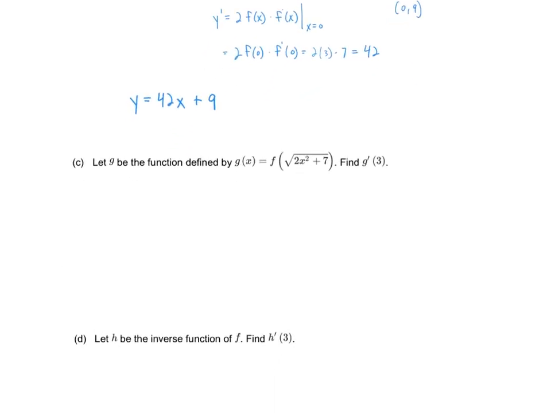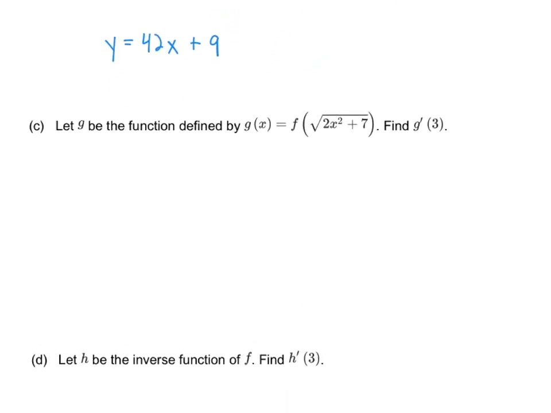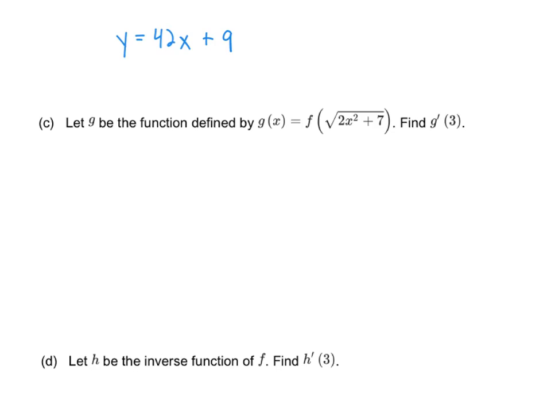Okay, next one. So take the derivative of both sides to find g prime at 3. First we'll find g prime of x. Remember with the chain rule, we take the derivative of the outside, leave the inside alone, times the derivative of the inside.